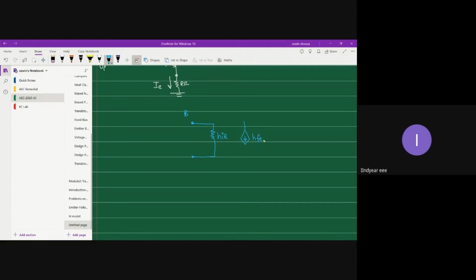This becomes HFE IB, where IB is the current through HIE. And this is my emitter terminal. On the output side, I have my collector terminal, which will be connected to RC.